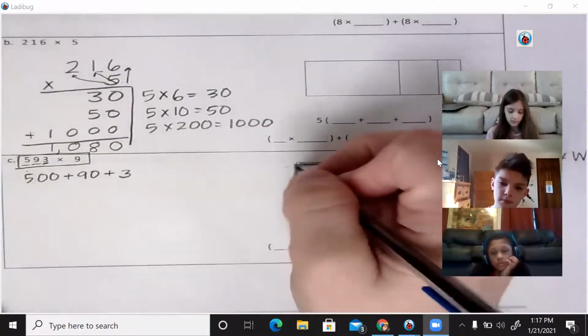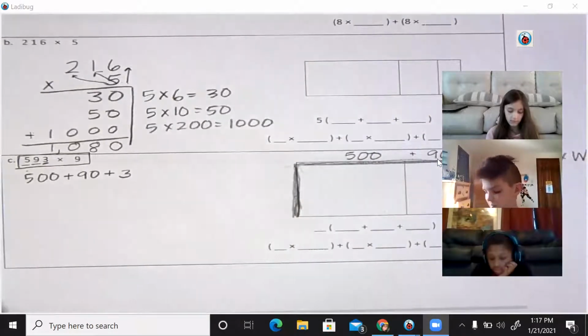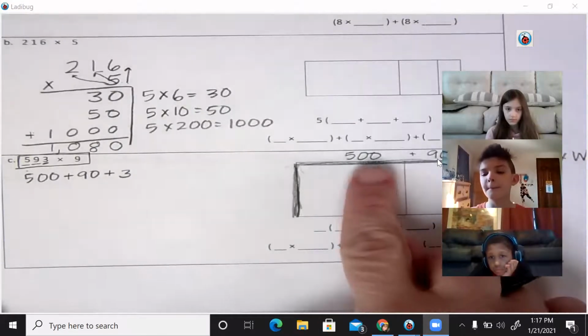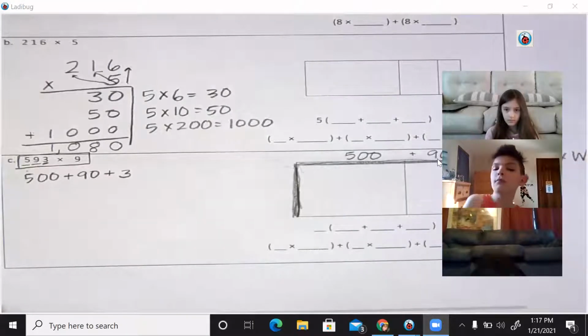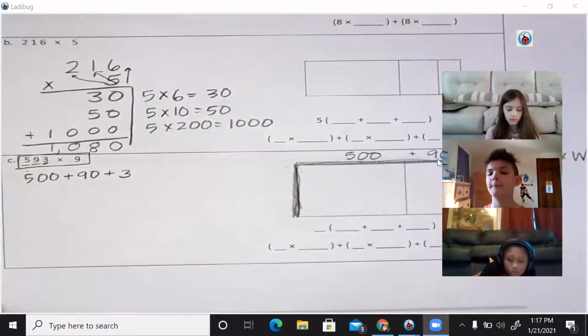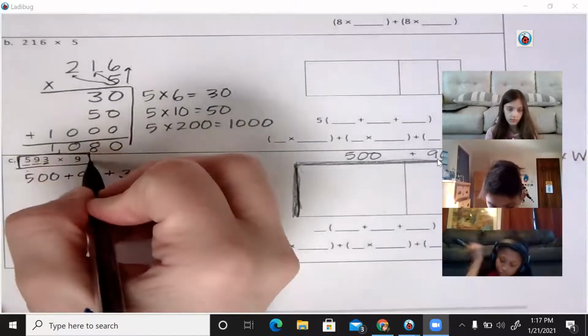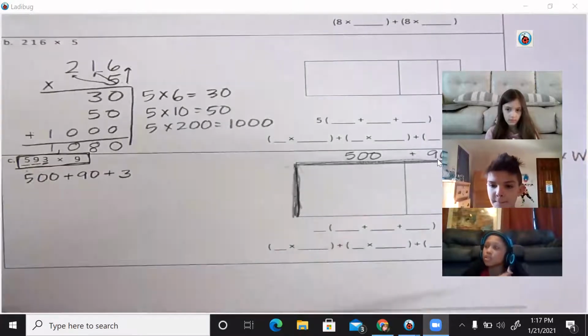So how should I label this side, Zoe? You should label it 500. I already put 593 on top. Here's my original problem. What do I still have left to add?